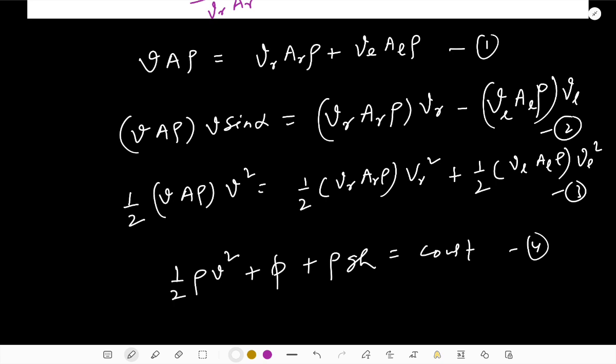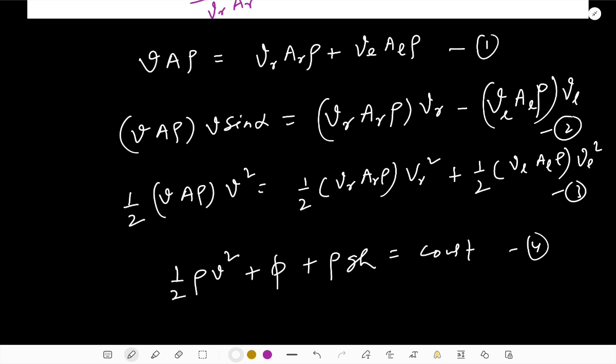I'm going to apply this law to one of the streamlines connecting the water jet entering and the water jet leaving on the right.